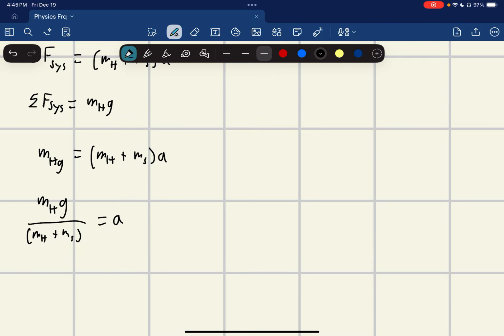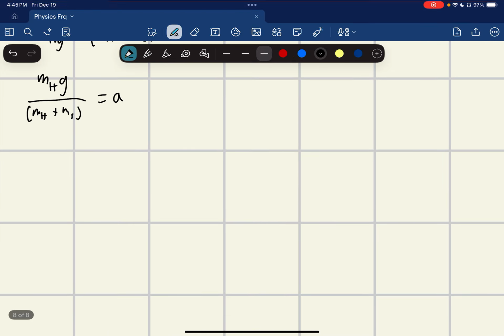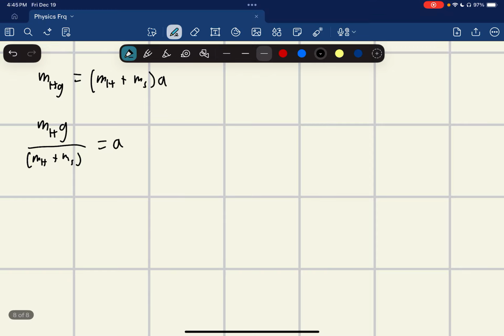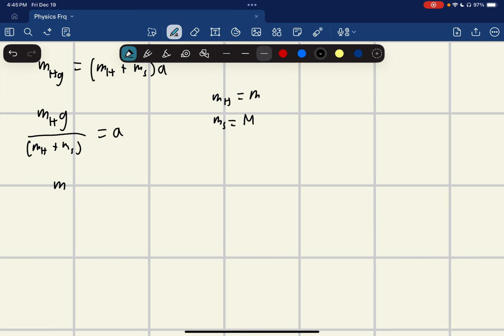So yeah. Also here, we know that mH is equal to lowercase m and mS is equal to capital M. So we will just replace mH and mS in the equation. So it'd be lowercase m times g all over lowercase m plus capital M is equal to A.